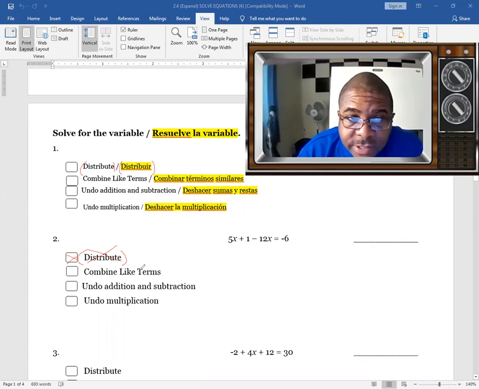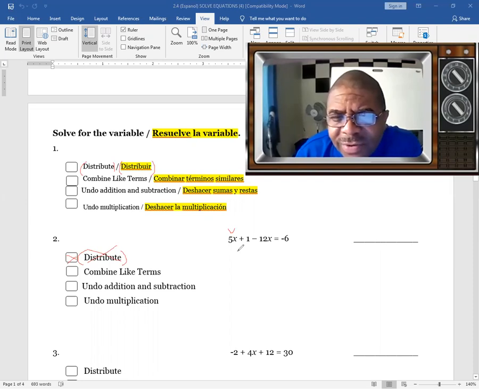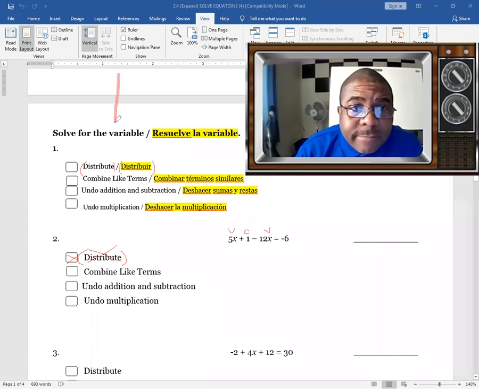Now I need to combine like terms. That's part of the V family, right? What's the V stand for? Variable. All right. That's part of the variable family. That's part of the constant family. Do you remember when we talked about that?